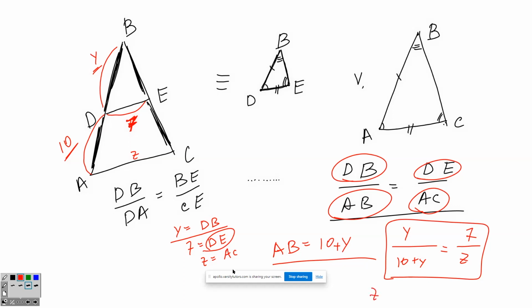And again, z will be equal to 7 times (10 plus y) over y. Or in numbers, as we did it, 7 times 16.25 over 6.25. Okay.